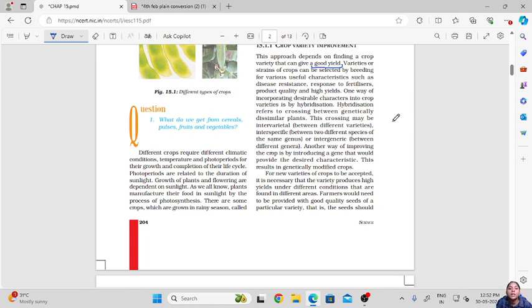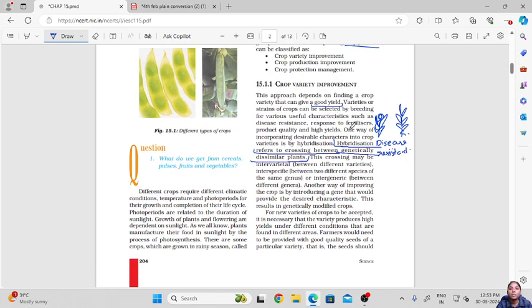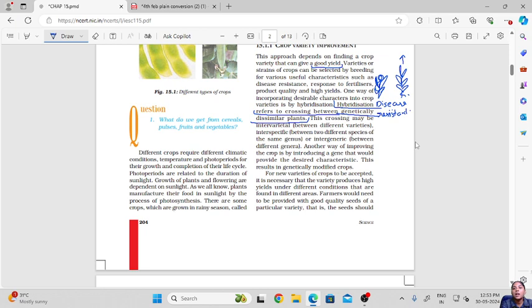Okay, so what is hybridization? Hybridization refers to the crossing between two genetically dissimilar plants. Okay, now what this means is, suppose there is a plant of wheat, and it is disease resistant, and there is another strain of plant which has higher yield.